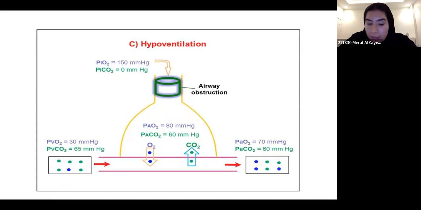You may be asking that if there's a shunt, do you see here there's a shunt? We just said that shunt and VQ mismatch cause a decrease in oxygen partial pressure, so why does the carbon dioxide partial pressure remain the same and not increase? Does anyone happen to know, or do I answer?